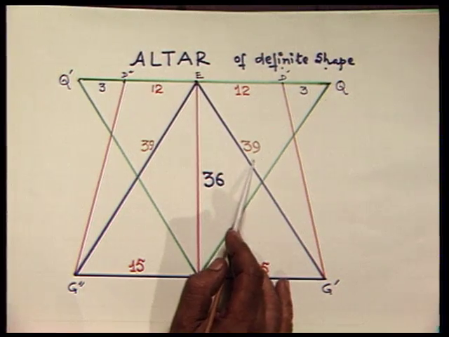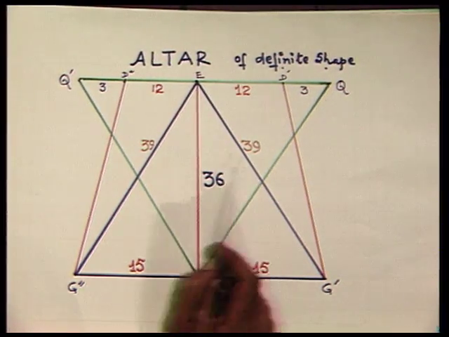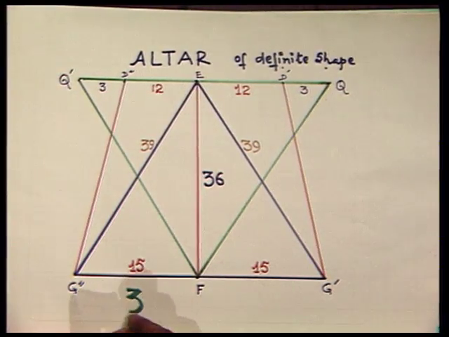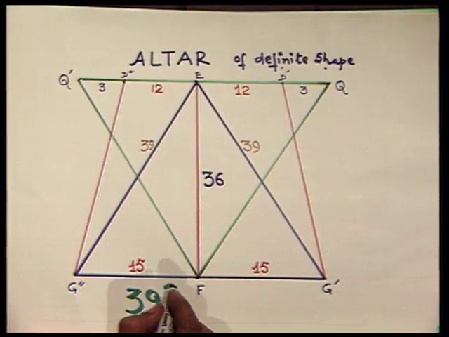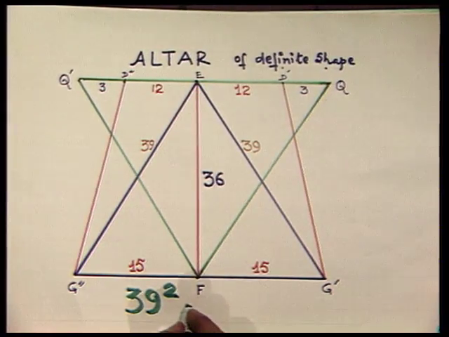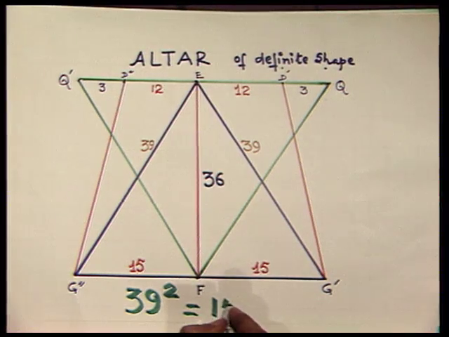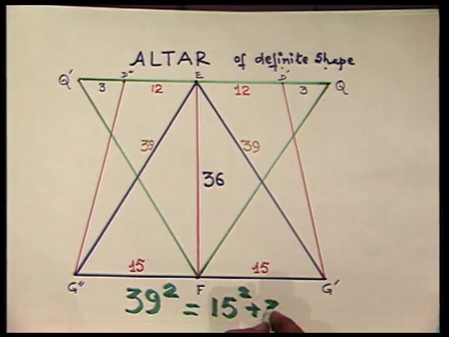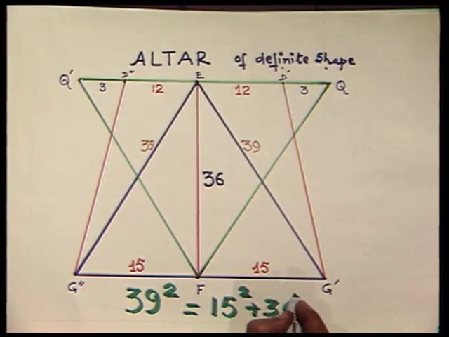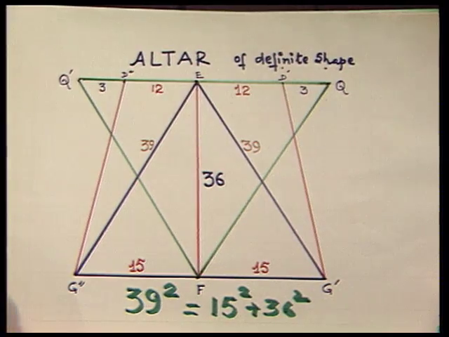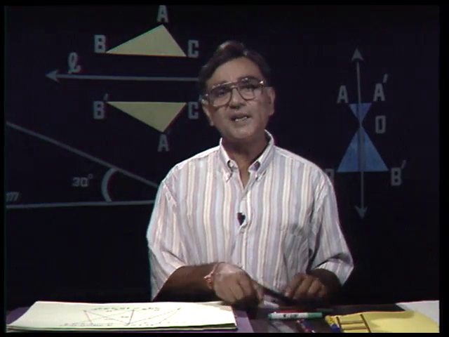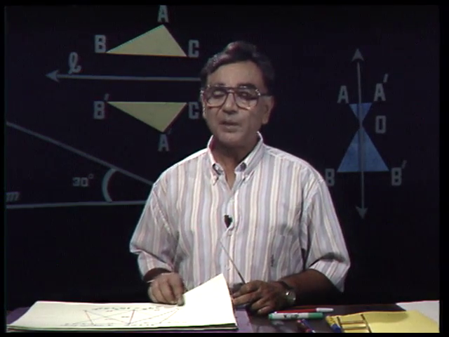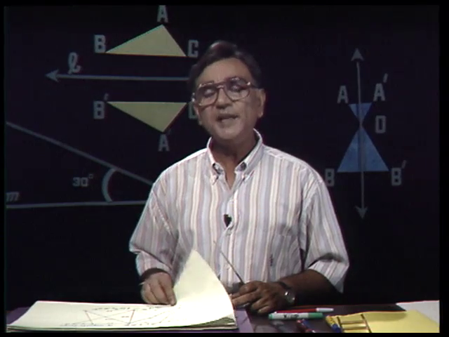And if we square 39, that will be equal to 15 squared plus 36 squared. So, though the credit for this Pythagoras theorem goes to Pythagoras, this was known to Indians much earlier than that.